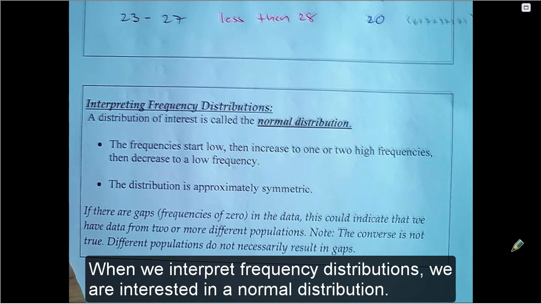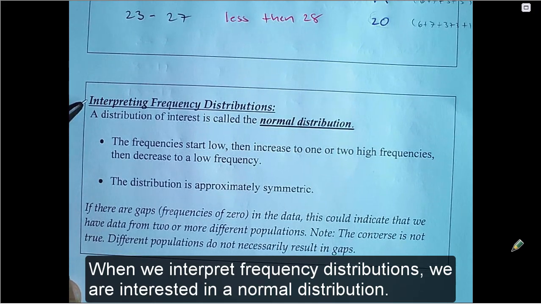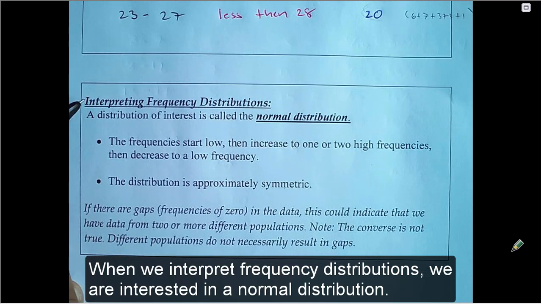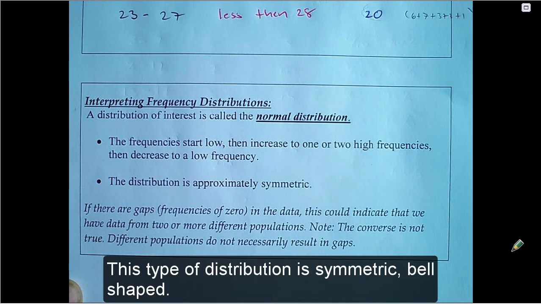When we interpret frequency distributions, we're interested in a normal distribution. This type of distribution is symmetric, bell-shaped.